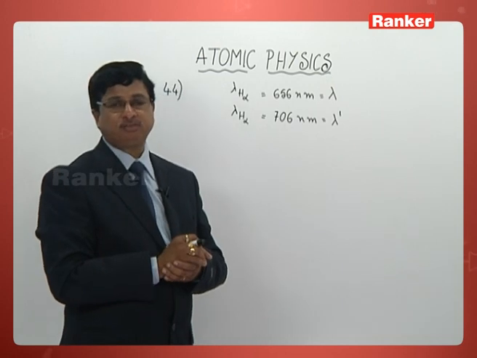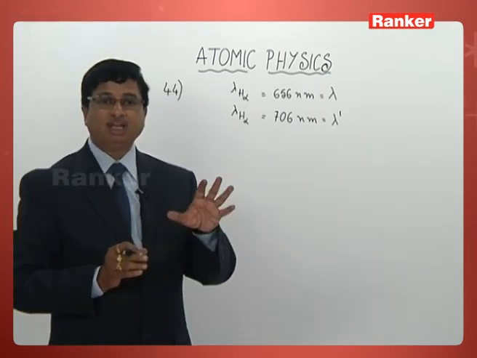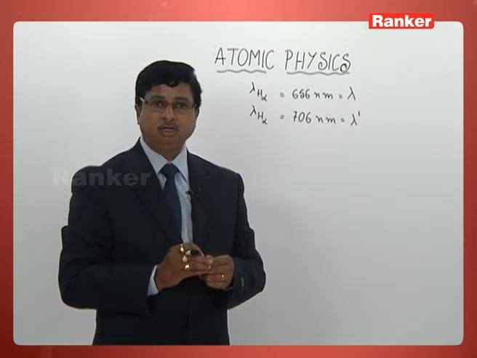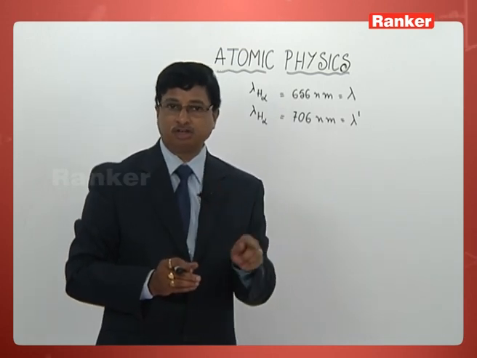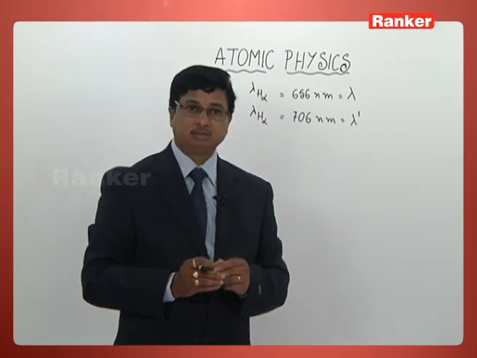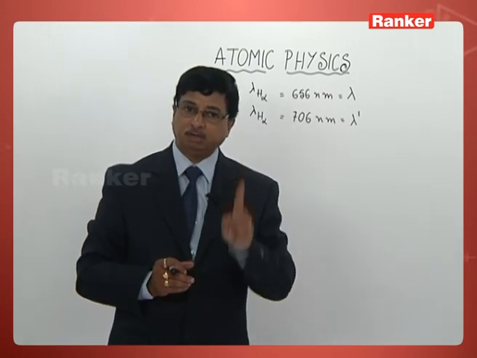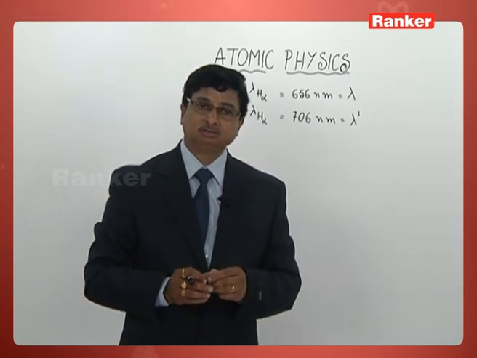Now look at what he is asking for. Estimated speed of the galaxy with respect to the earth is how much? That galaxy is in motion, it's understood. Otherwise this type of a variation we would not have got. When we find a difference in the wavelength, the source is supposed to be in motion.